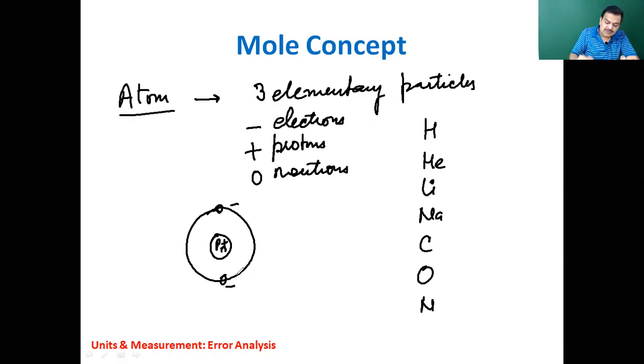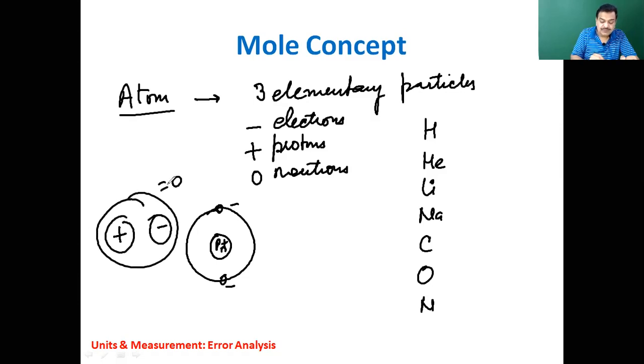Okay. So one more thing: as much plus charge as there is in the atom, there will be equal minus charge, so what will the net charge on the atom be? Zero. So the net charge on the atom is zero because the charge of electron is equal to the charge of proton, and they both are opposite in nature. Electrons are assumed to carry negative charge, protons are assumed to carry positive charge.